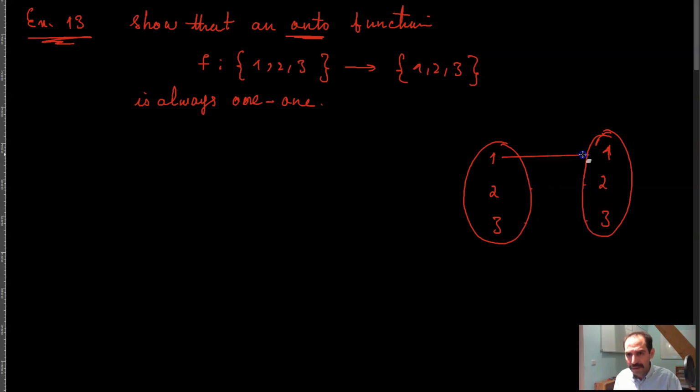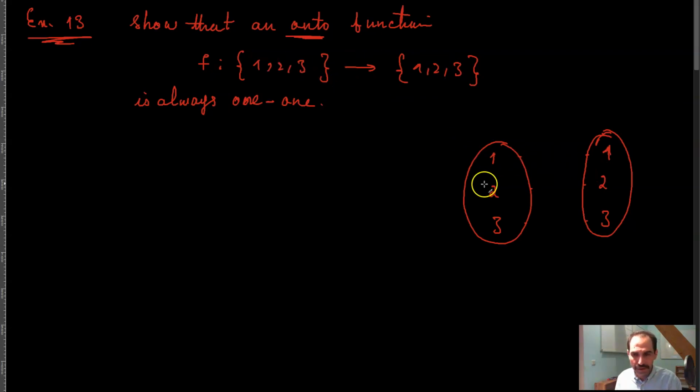Now, since that is the assumption, what we want to show is that this function is always 1-1. Of course, we don't really know any rules about this function.